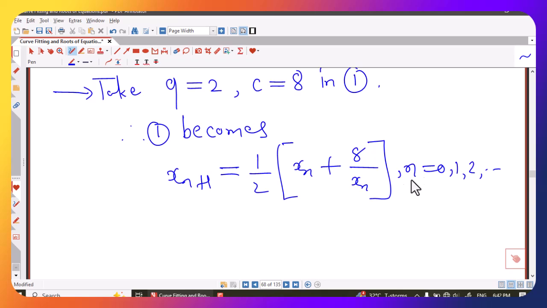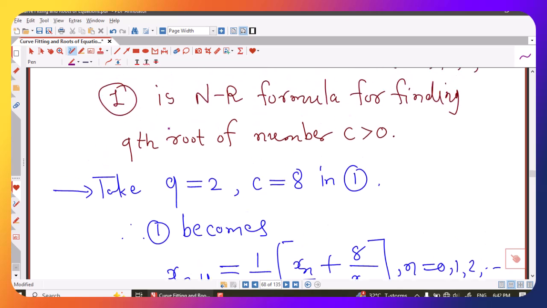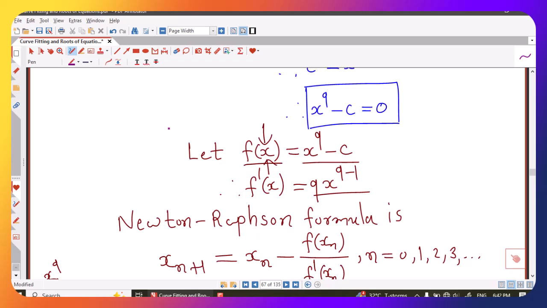Now if I take n equal to 0, I will have x0 here, and x0 is the initial approximation to the root. So how to select x0 in this formula? For that we see that our function is x raised to q minus c, and now we are interested in the square root of number 8.